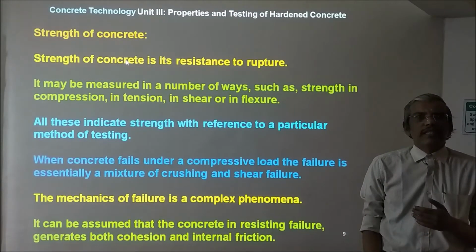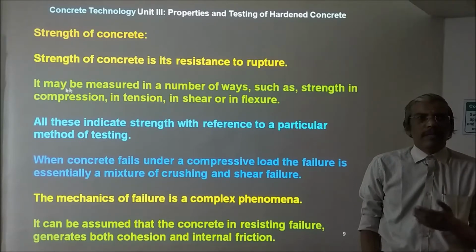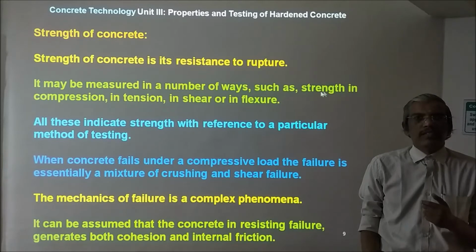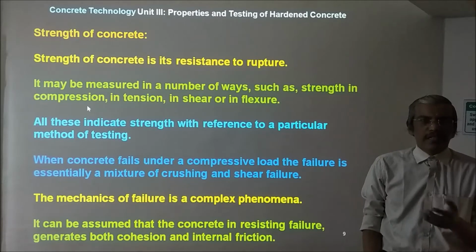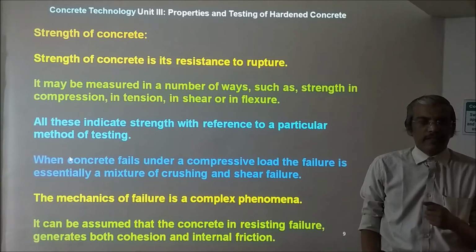Strength of concrete is its resistance to rupture. It may be measured in a number of ways, such as strength in compression, strength in tension, strength in shear, or strength in flexure. All these indicate the strength with reference to a particular method of testing.